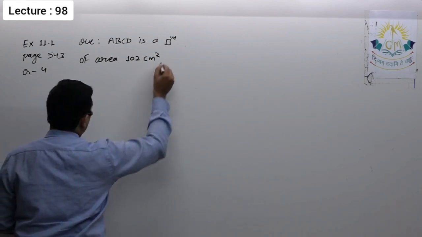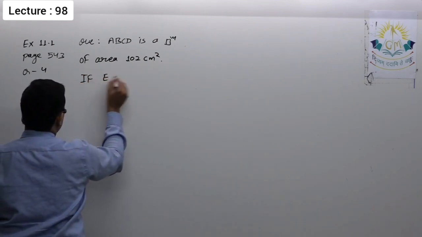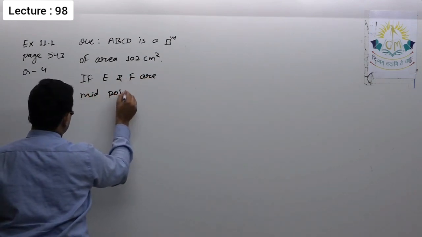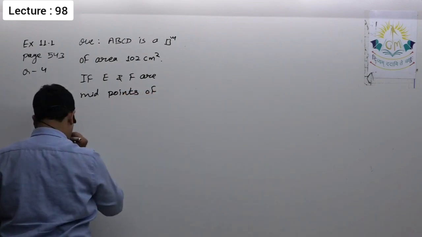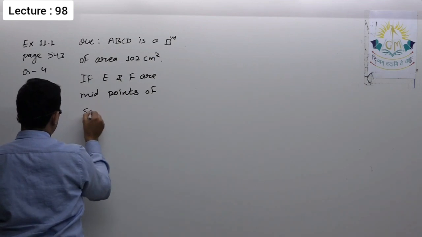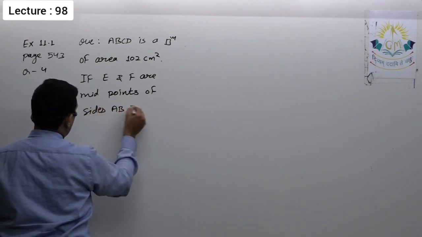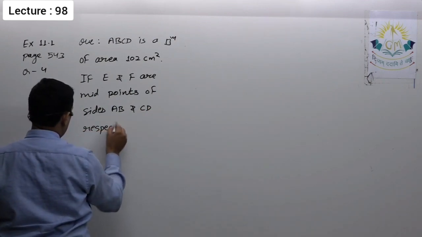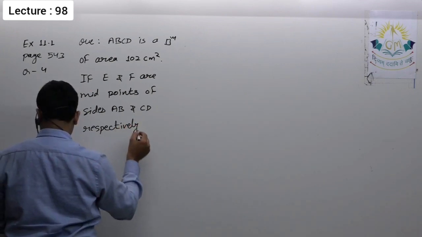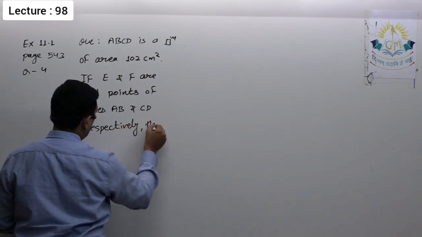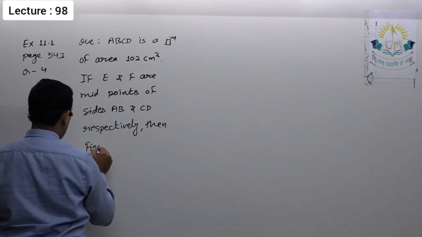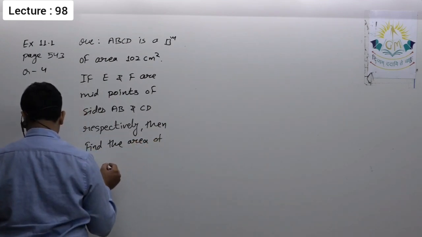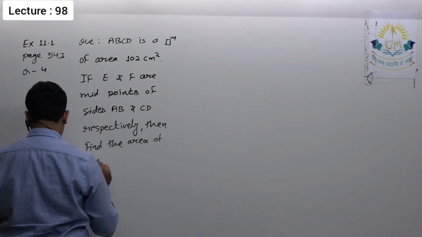If E and F are midpoints of sides AB and CD respectively, then find the area of AFED.